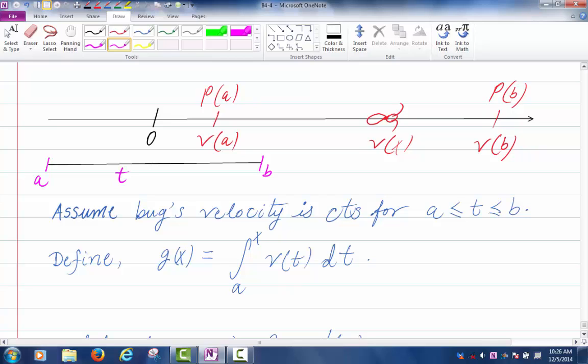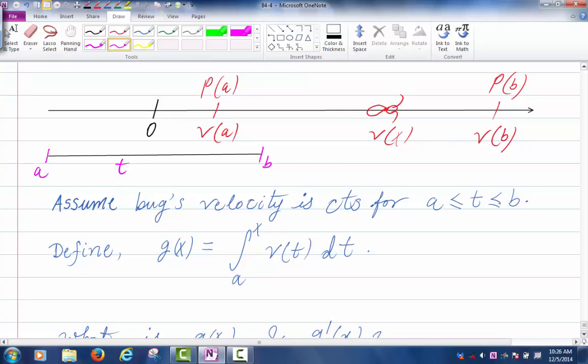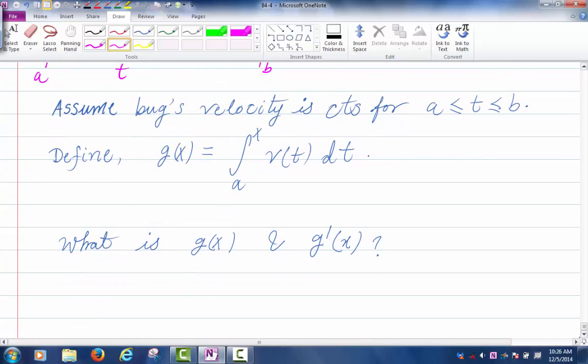Can someone tell me what is the meaning of g of x? And can someone tell me what is g prime of x? In terms of the motion of the object or the bug, what's the meaning of g of x? What quantity is g of x giving me?